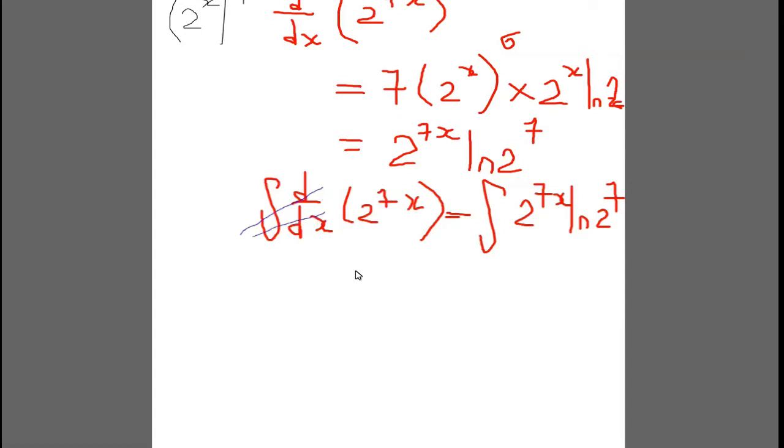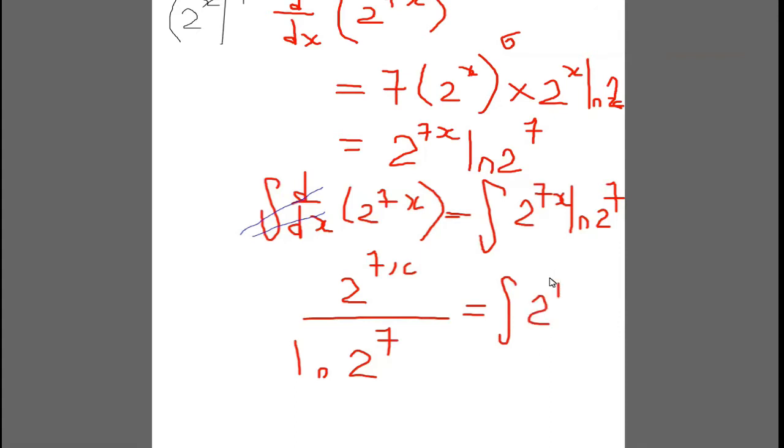So if we were to divide both sides by ln 2 to the 7th, what we get is that the integral of 2 to the 7x is equal to 2 to the 7x over ln 2 to the 7th.